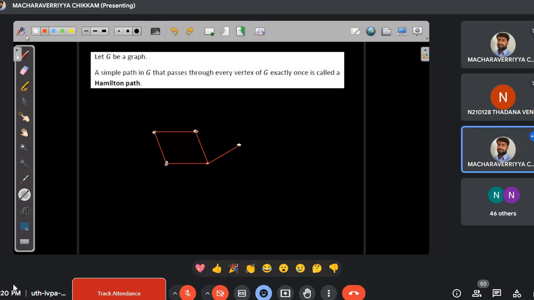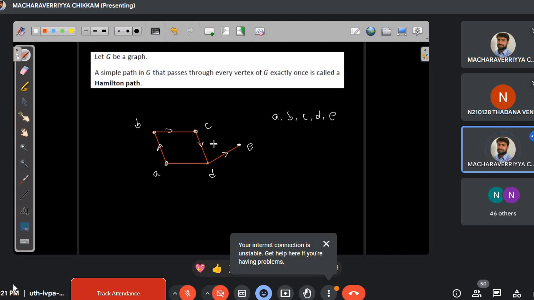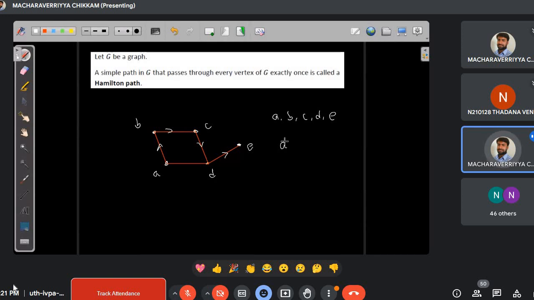Okay. So suppose I take these as A, B, C, D and E. You can take A, B, C, D, E. It means I'm going this way and then to E. So this is one simple path which goes to all vertices. And another simple path which goes to all vertices is A, B, and so on.